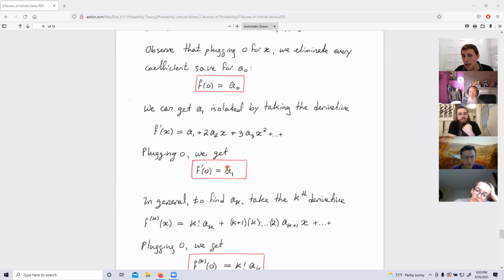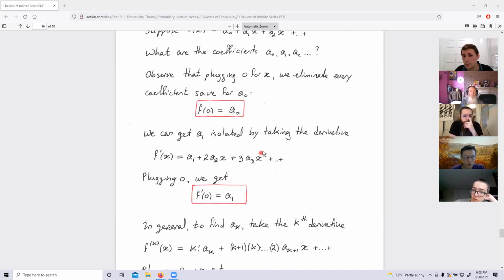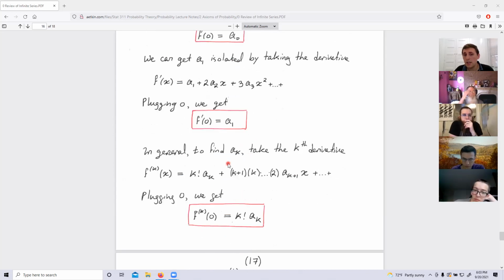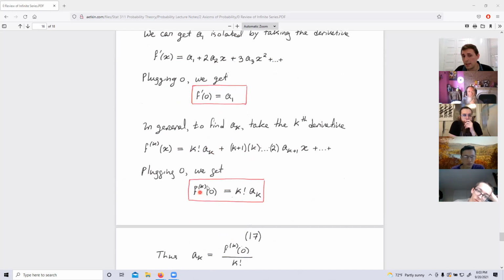Yes? And if I carry this process onwards, just because of the power rule in derivatives, I will see that for the kth term, if I take k derivatives, I will have this expression. It will be k factorial times a_k plus a bunch of other terms. I plug in 0, and I have that the kth derivative at 0 is k factorial times a sub k.